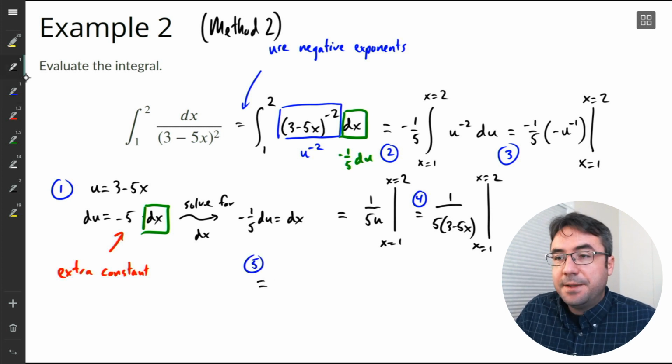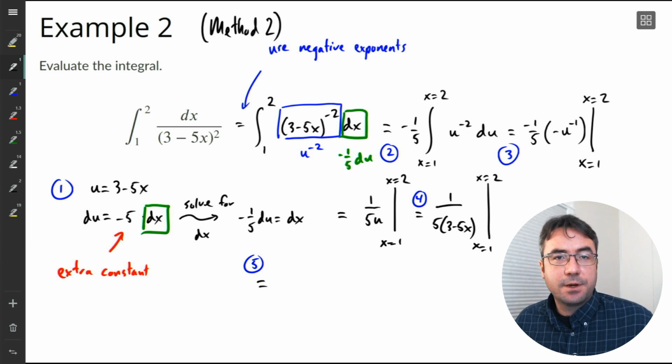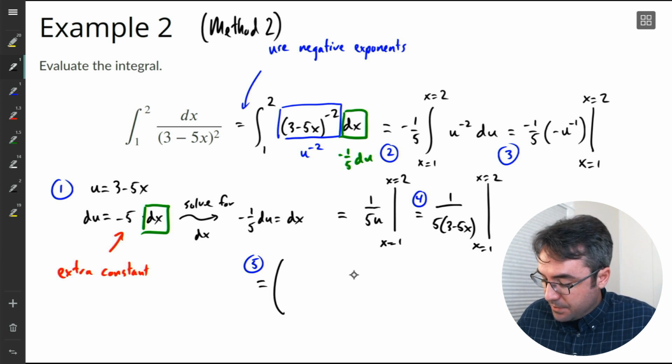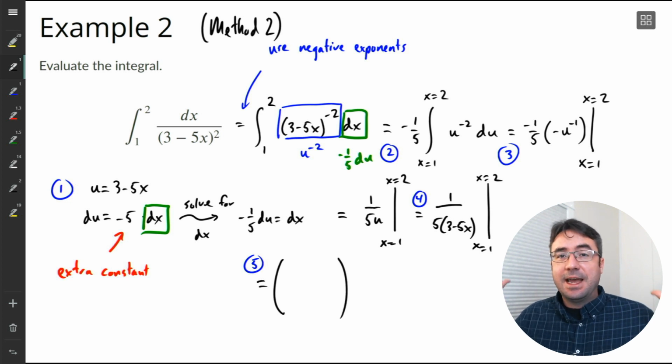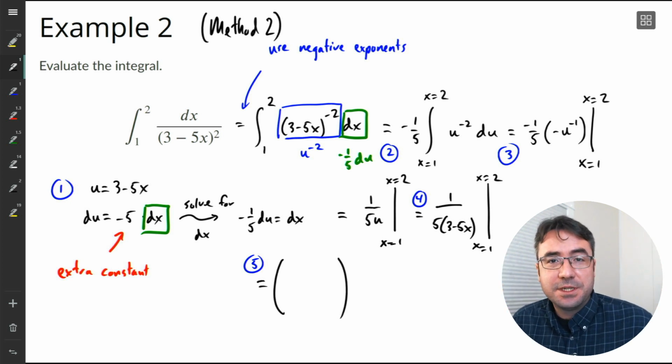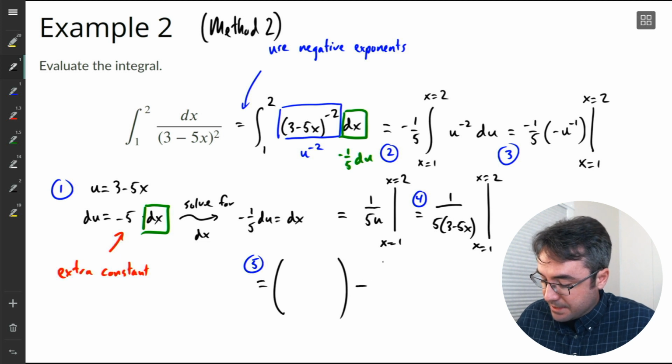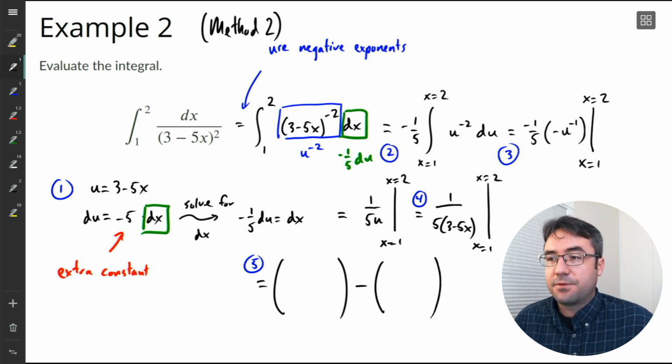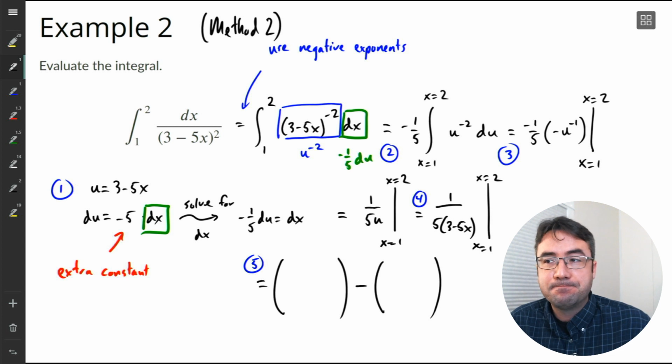So when we evaluate, top number goes in first. So we're going to plug the 2 in first. And when you do this, it helps to make a nice big set of parentheses. Everything you're plugging in for 2 goes into there. Then you're going to subtract, and everything that you plug in for 1 is going to go into the second set. So let's see what happens when we plug in 2.